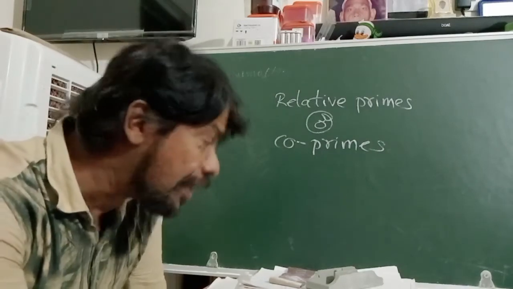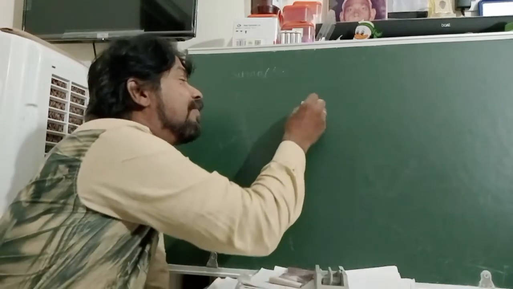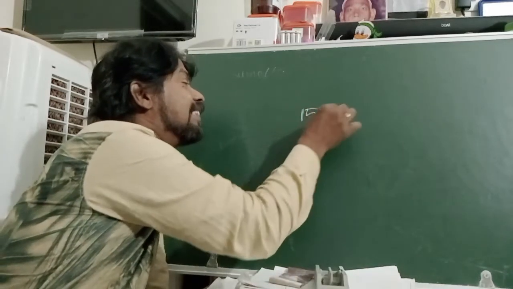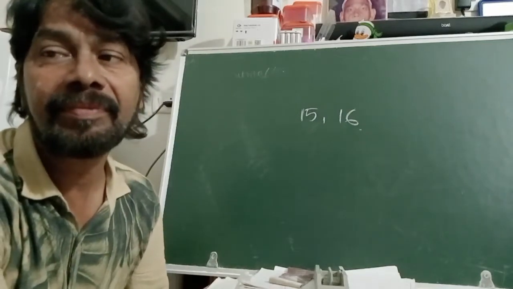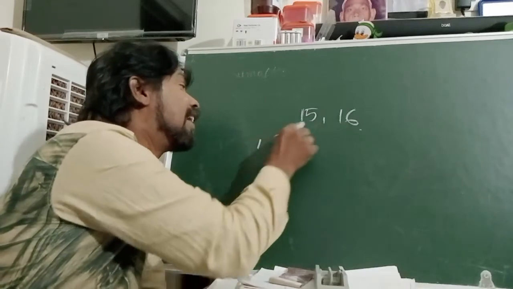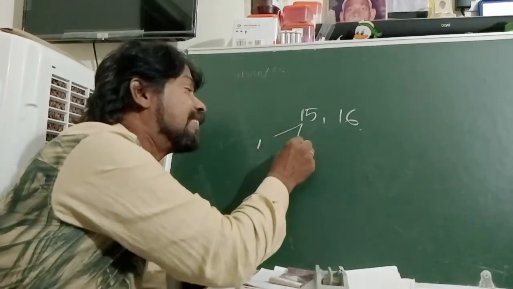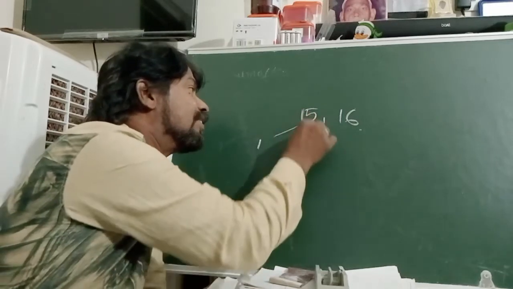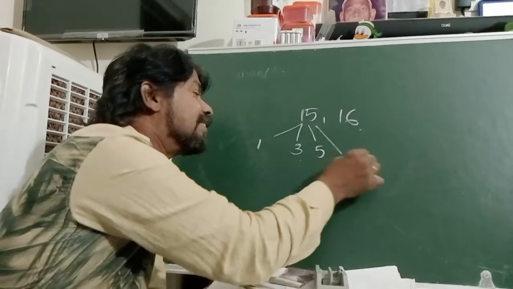If you take two numbers, for example 15 and 16. The factors of 15: dividing by 1 we get 0, by 3 we get 0, by 5 we get 0, by 15 we get 0.